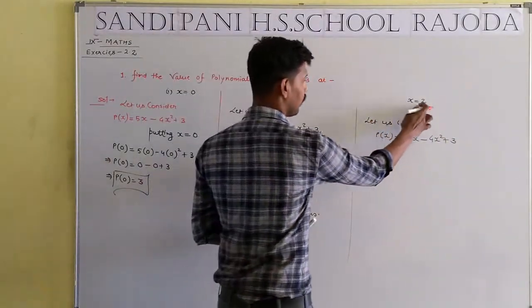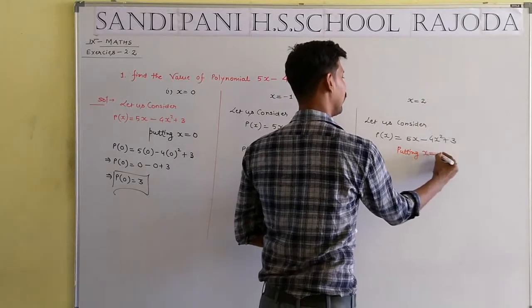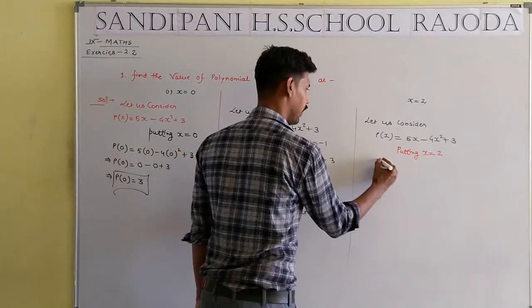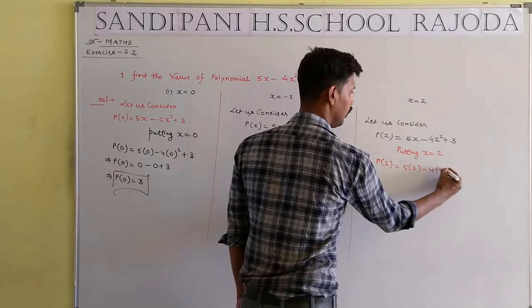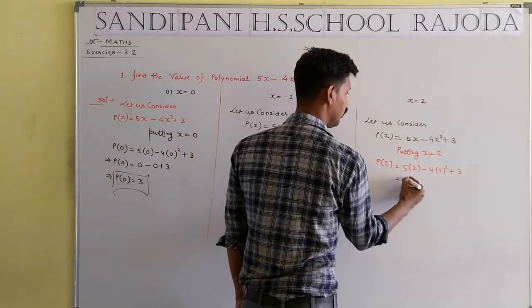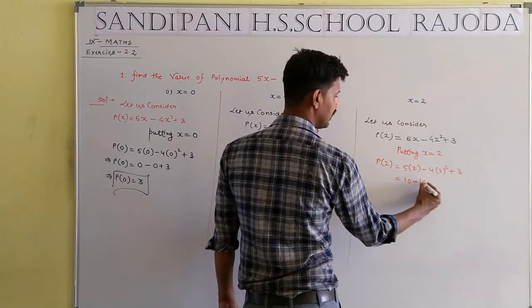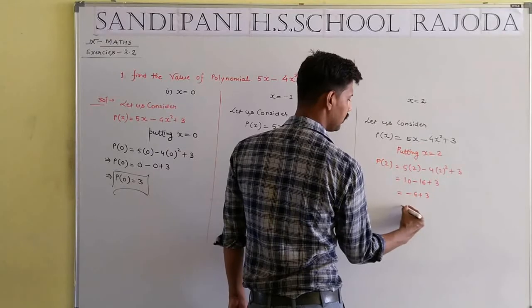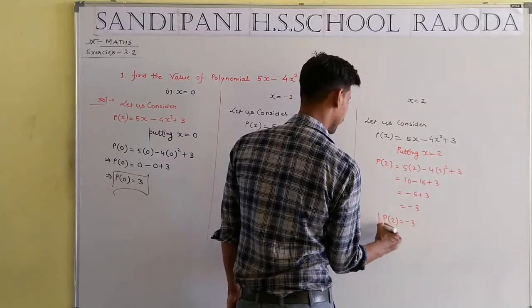Putting x equal to 2, wherever there is x, put 2. P(2) equals 5 into 2 minus 4 into 2 square plus 3. 5 twos are 10, 2 twos are 4, 4 fours are 16. Plus minus. So P(2) will be equal to minus 3.